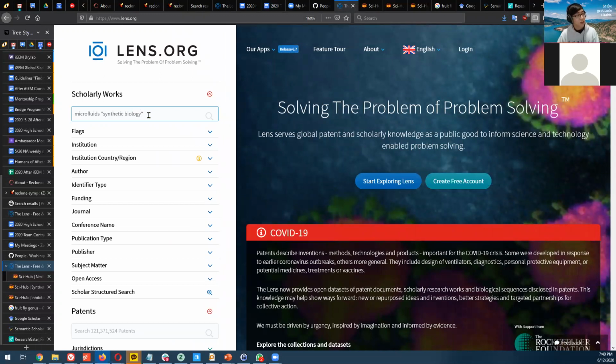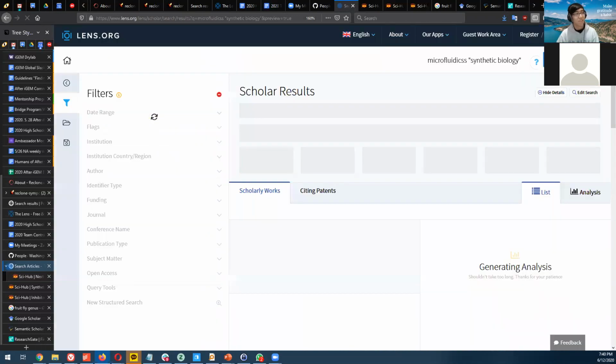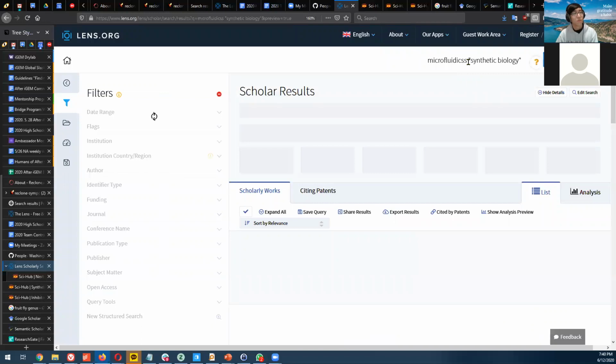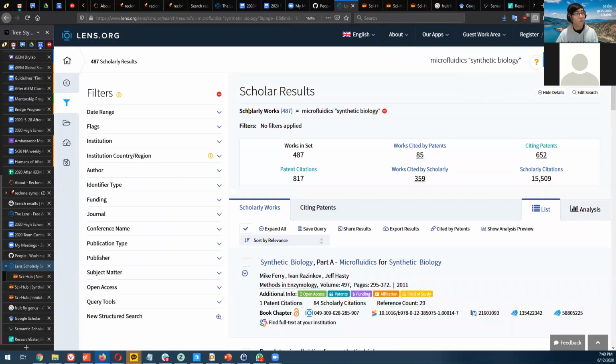I'm putting synthetic biology in quotes. This is like Google, Boolean searches. I don't want synthetic and biology to be separate. I want synthetic biology to be the keyword. And then I'm going to put microfluidics. Okay. So I got 487 hits.